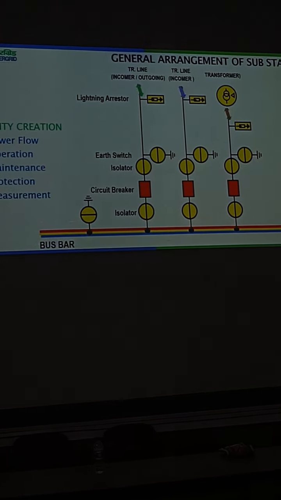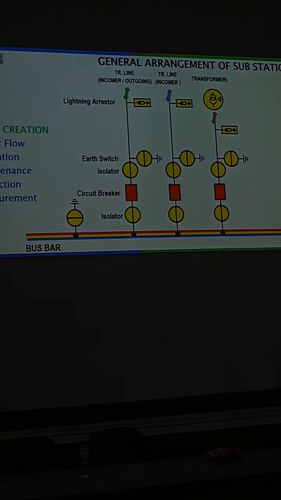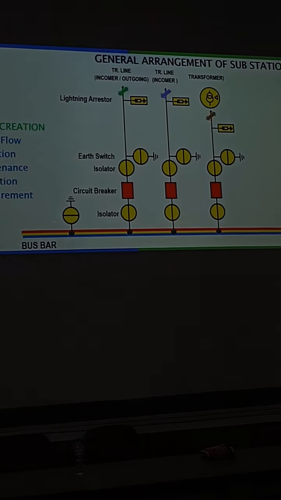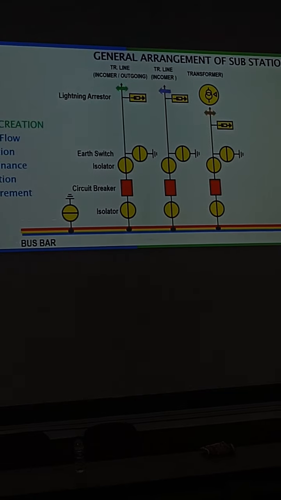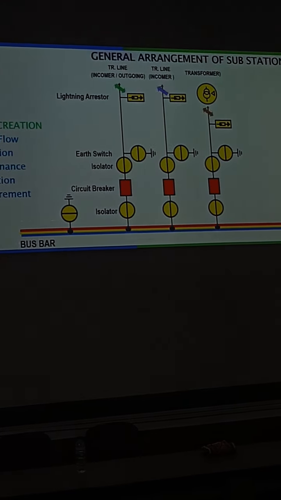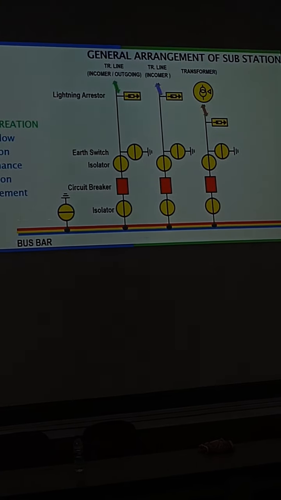Anything commercial means you have to set some measurements. If you give money to someone, you do not simply give the money, you count and give. Here also we have to count how much energy you are selling and how much energy you are buying. So measurement is required, otherwise your asset will not be feasible commercially.